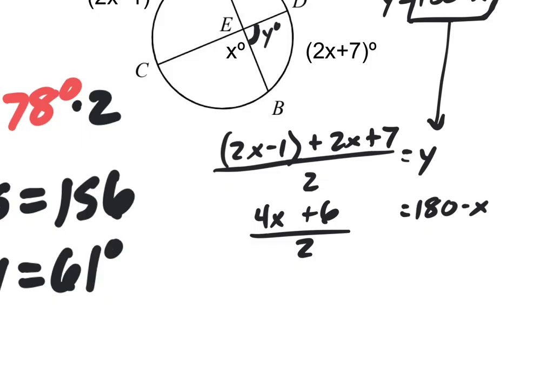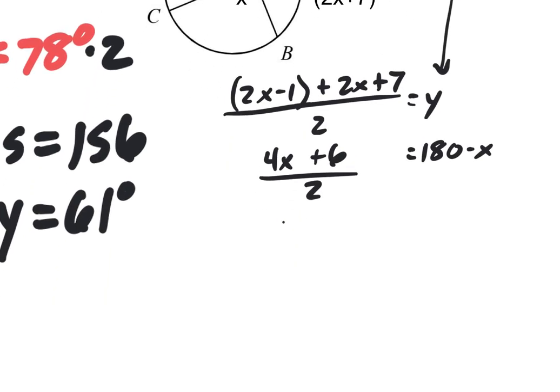But if I were to divide this expression by 2, both the 4 and the 6 have to be divided by 2. You can't just divide the 4 or just the 6. That entire expression is divided by 2, so everything must be divided by 2. So this would become 2x plus 3 equals 180 minus x.